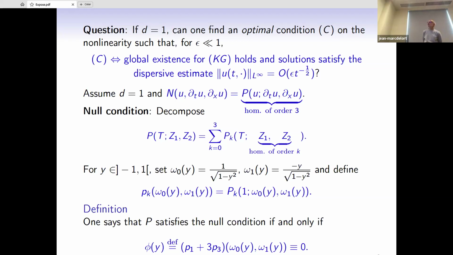And so the question we ask is whether the fact that this condition is satisfied is necessary and sufficient to ensure that we have, for small initial data, smooth compactly supported, say, global existence, and in addition, dispersive decay of the solutions.